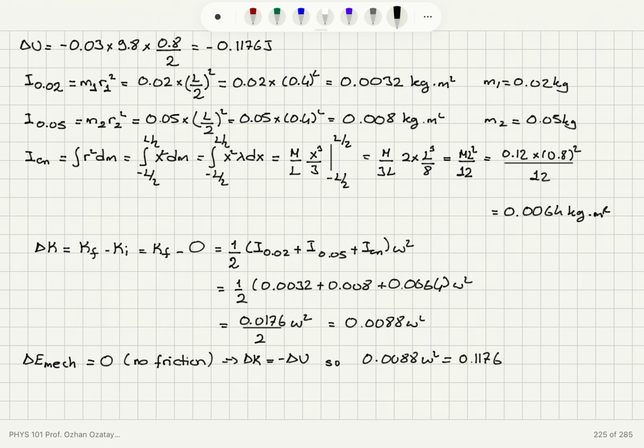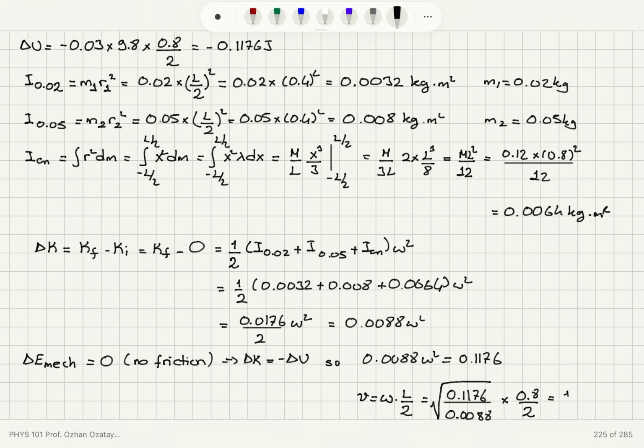point, the linear speed v is related to angular speed omega, omega times r, omega times capital L over 2. So omega is the square root of 0.1176 divided by 0.0088, times L over 2, which is 0.8 over 2.